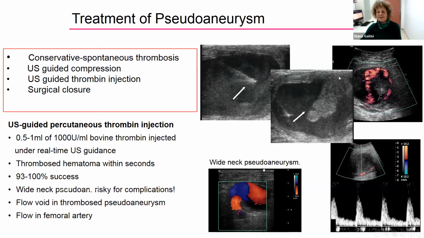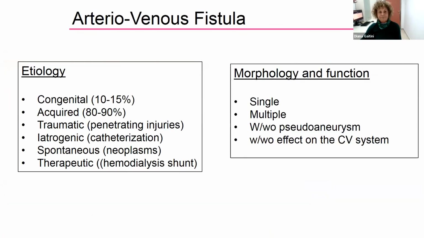And we may start seeing the thrombosis within seconds to minutes, and with a success of 93 to 100%, we see a totally thrombosed pseudoaneurysma, and we have to look at the flow in the femoral artery. Be aware of the pseudoaneurysma with a wide neck, because there may be a risk of the thrombin flowing to the native arteries, and this may lead to complications.